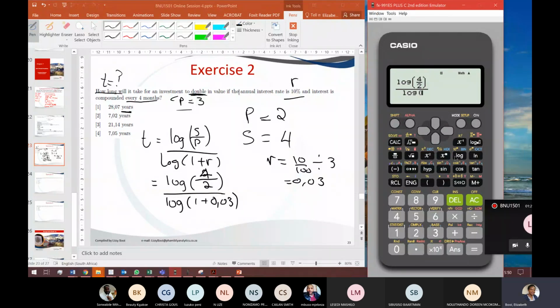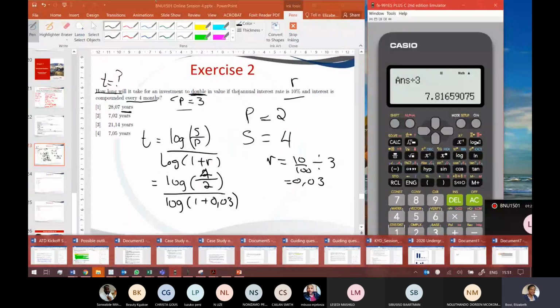The log of 1 plus 0.03, close bracket, equals. Now, this is what I get, 23.44. I need to divide that by 3 because I need to divide by the compounding period. Something is not right. What did I not do right?